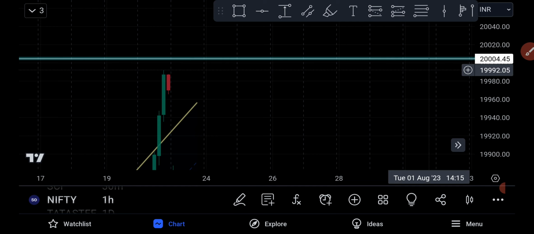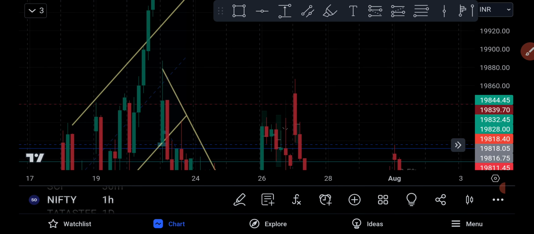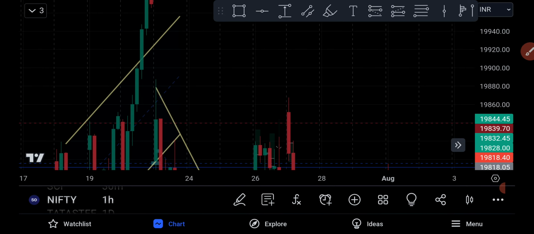So the big players sitting at the 20,000 level, with full force, dropped the market all the way down here in just a single night. They dumped so much money. The market got this much downside in just a single day.